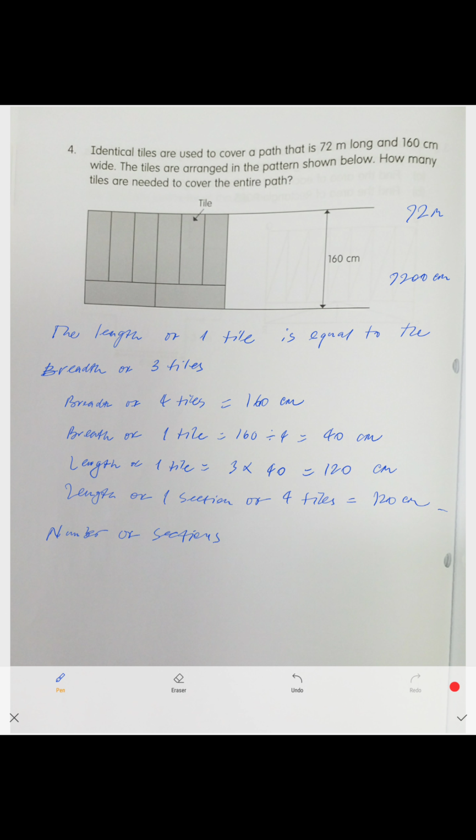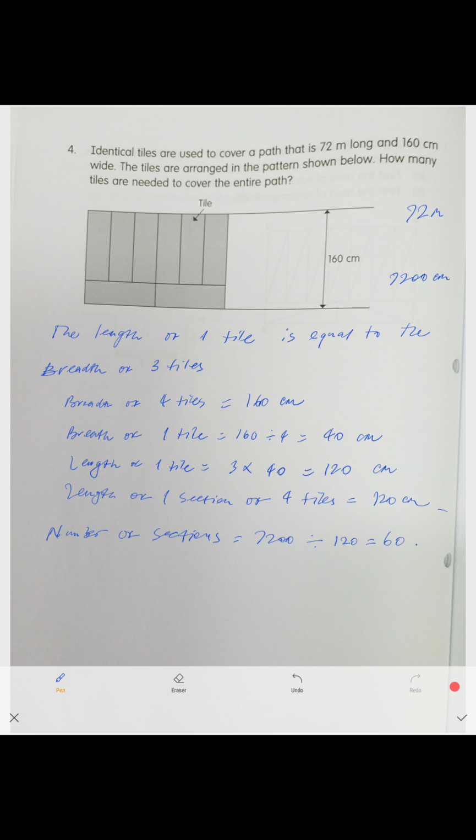We know the length of one section, so we just divide 7,200 by 120. It's going to be 60.